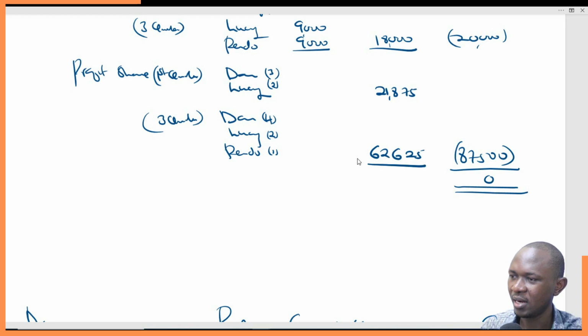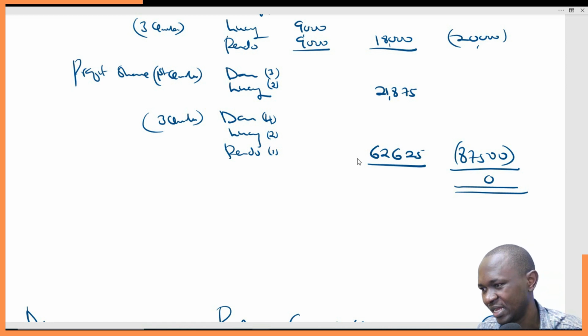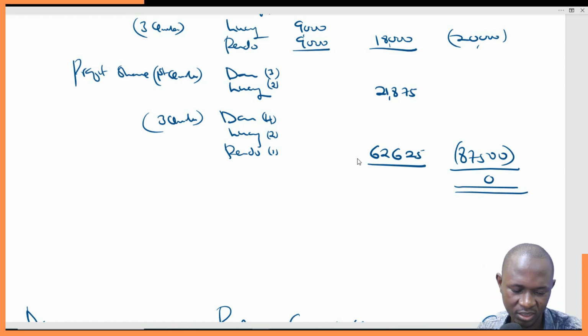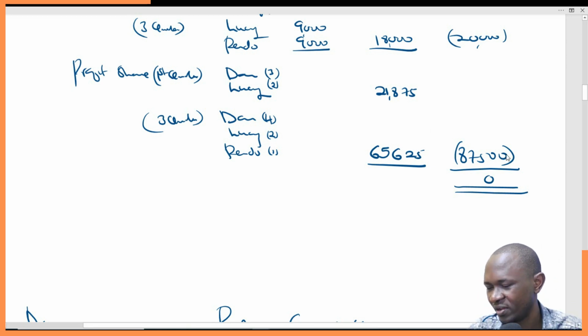So if you add 21,875 and 65,625, you'll get 87,500. So for the first quarter this is the profit that will be distributed among the partners, and for the remaining 9 months this is the profit that will be distributed, and this is how they are going to enjoy it.